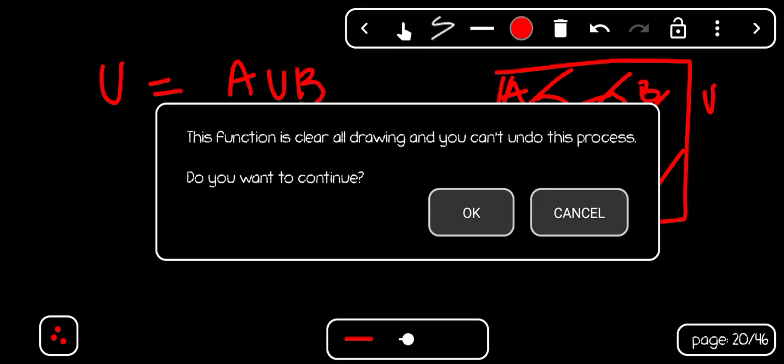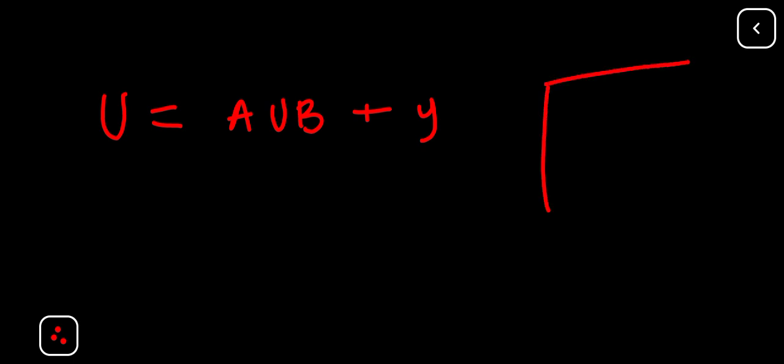But sometimes the universal set is equal to A union B plus any other element in the universal set, in the Venn diagram, sorry. This is an example.